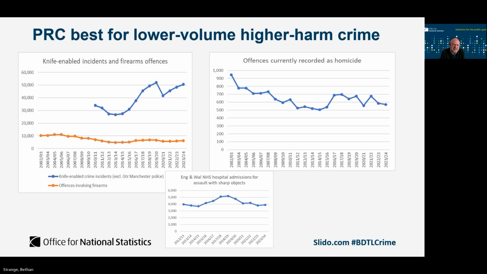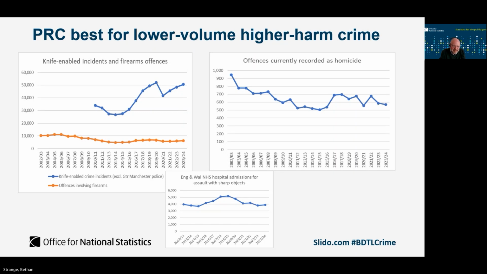And you can see that there is a pickup in the last 10 years or so. You can see the impact of the pandemic with that dip, but the pickup does coincide with when there were improvements to crime recording. So there could be a bit of improved descriptions, but there's likely to be something else going on there. It's such a serious crime that reporting and recording is likely to be good.